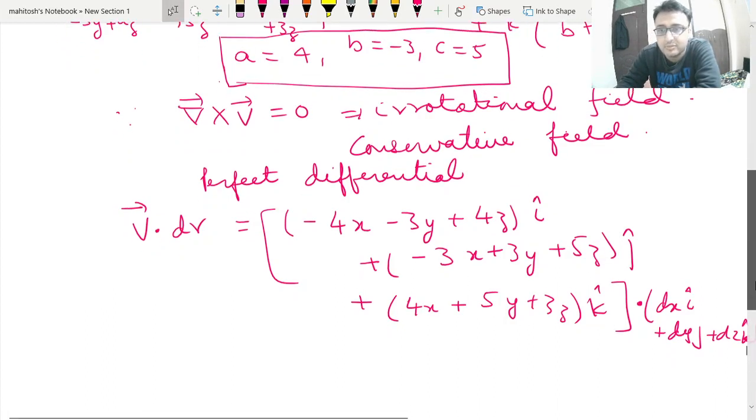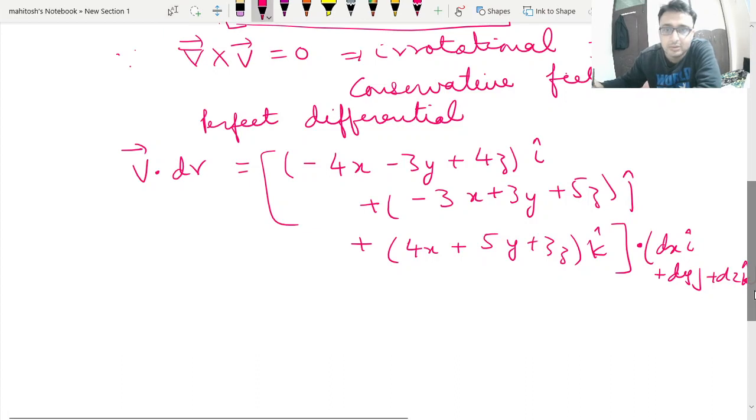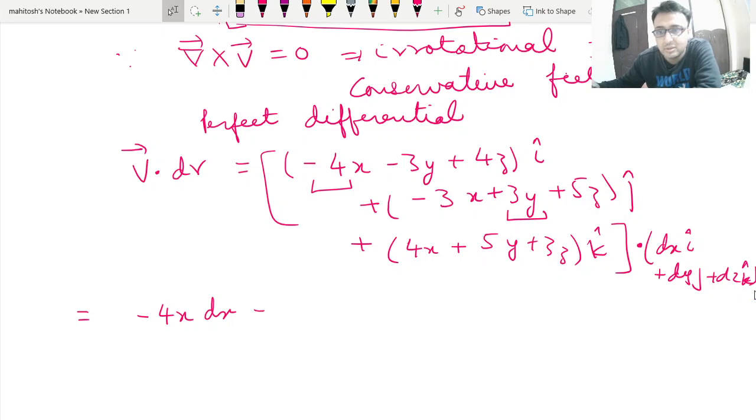You can proceed further. So this can be written as minus of 4x dx, this term, and I'm interested in the y term. So this is plus 3y dy plus 3z dz. Now I'll club two terms.